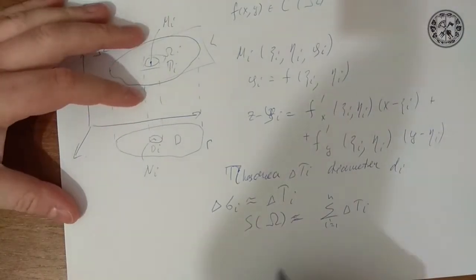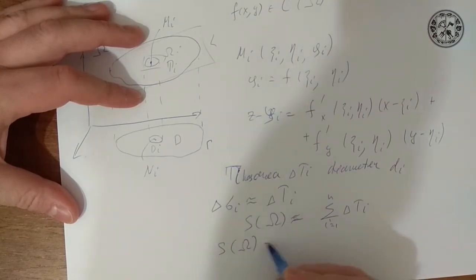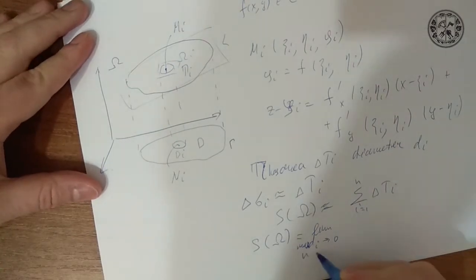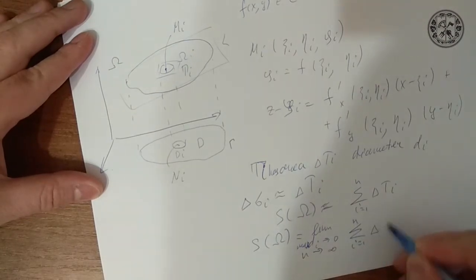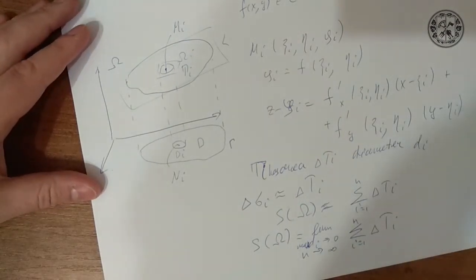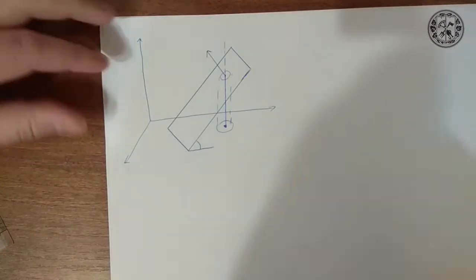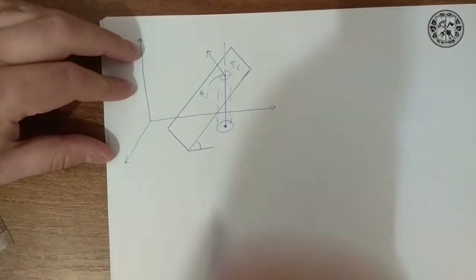And now we can calculate this area S of omega as the limit when the maximum d i tends to 0 and n tends to infinity of the sum from i equals 1 to n of delta T i. Let us consider this tangent plane. Here we have D i, inside it we have M i.